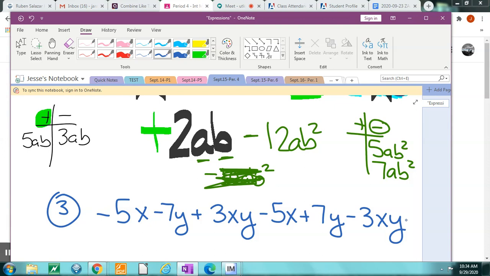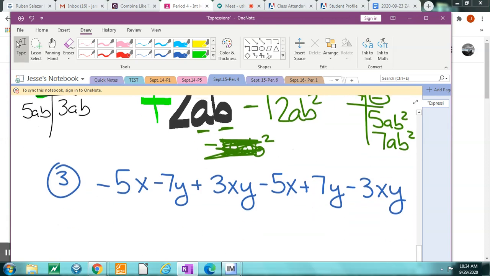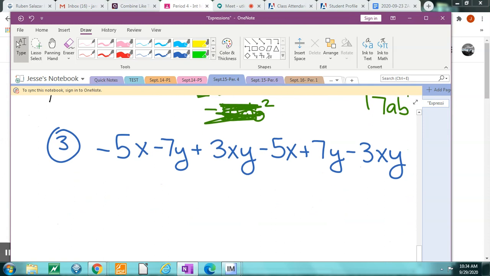Okay, here we go. So the next one is this one. So you got all these X's and Y's, right? However, it's got to be the same. So we got negative 5x, right? Which one am I going to match it with? With the 5x.